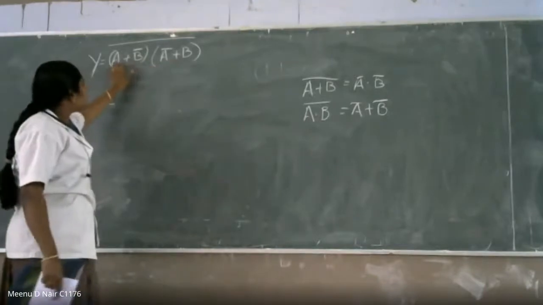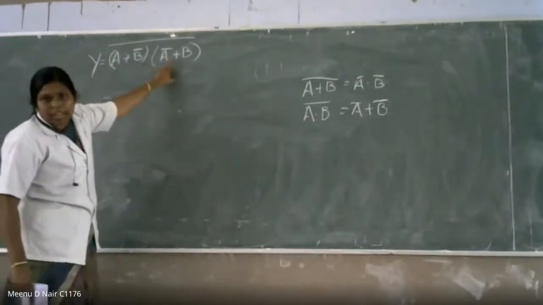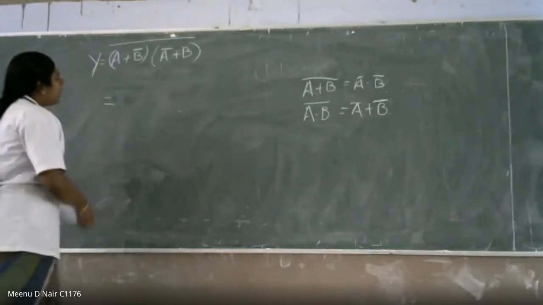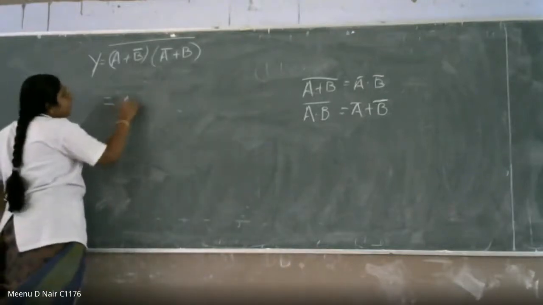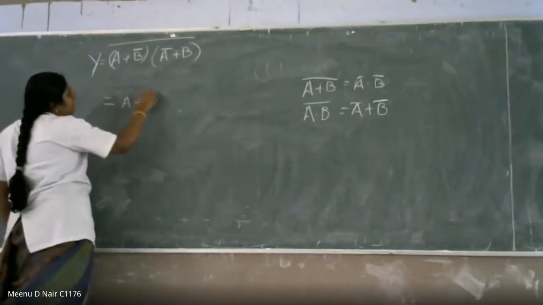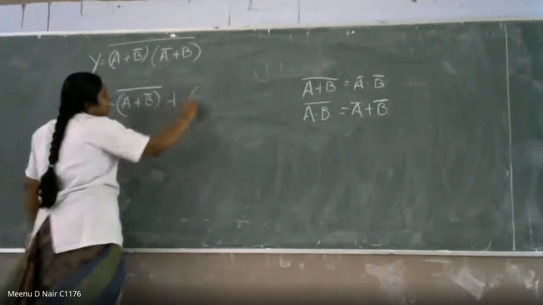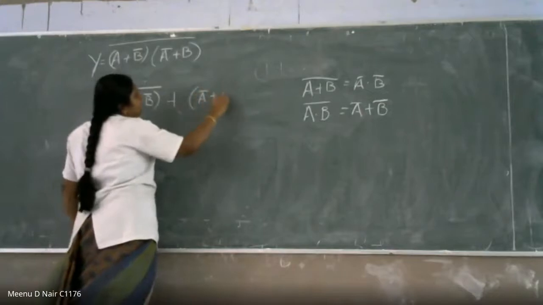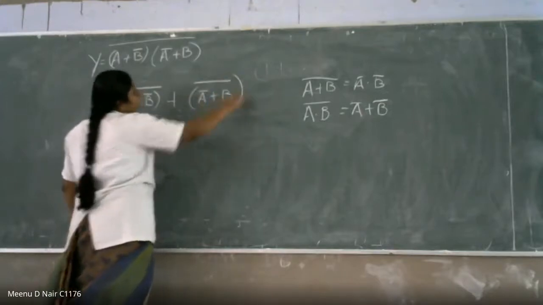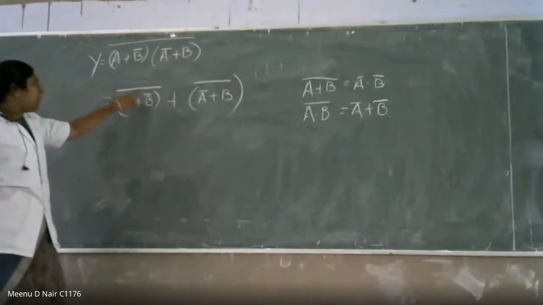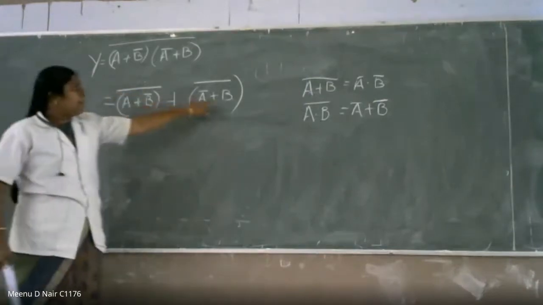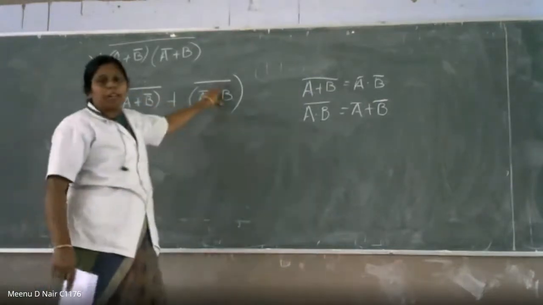A is nothing but A plus B bar and B is nothing but A bar plus B, right? So how are we going to write this? A plus B bar whole bar plus A bar plus B whole bar, right?